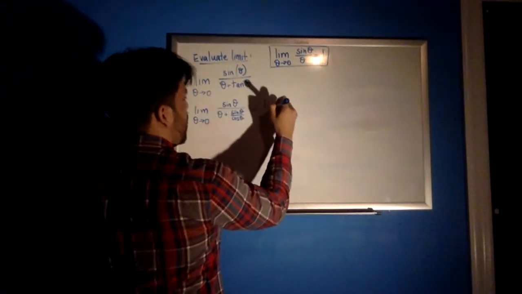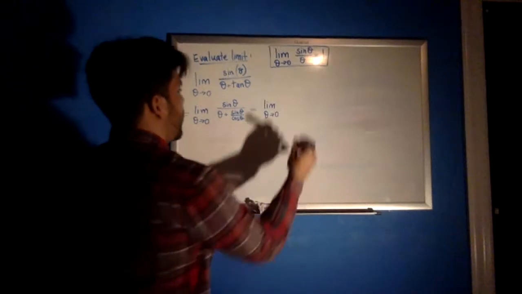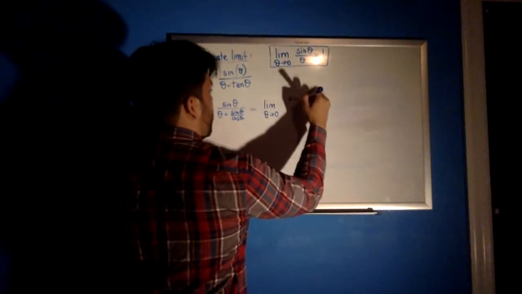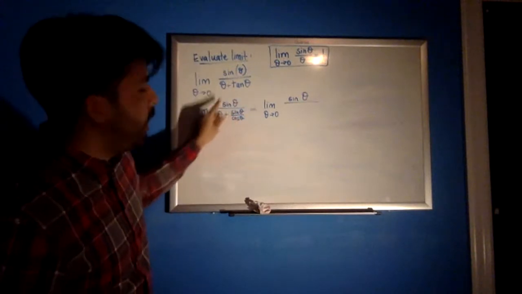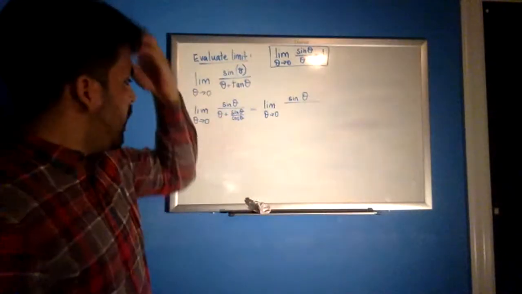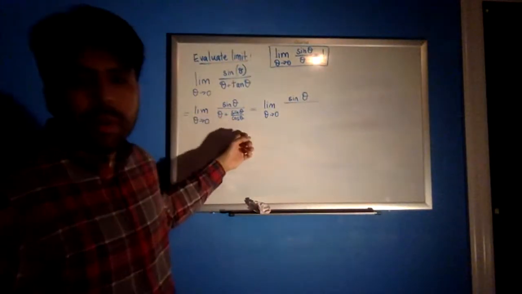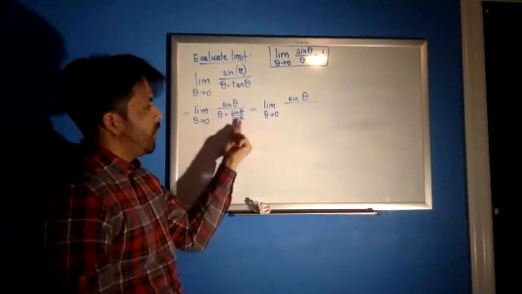So the limit as theta goes to 0 is sine of theta over... Now, what kind of expression do we have here? This here is a complex or compound fraction. I have a fraction, then I have a fraction within it.